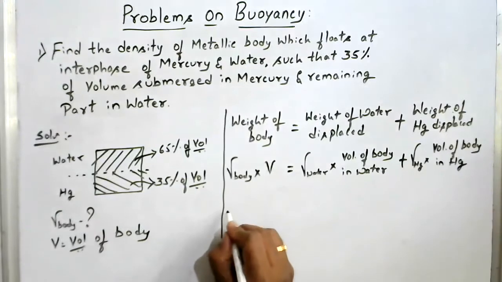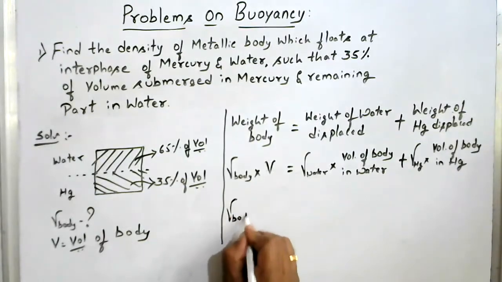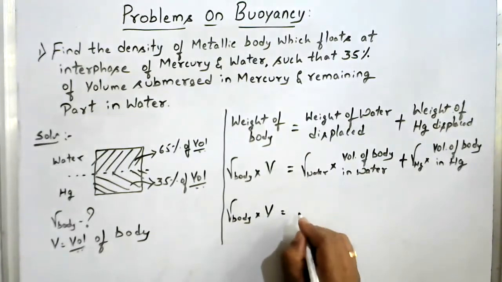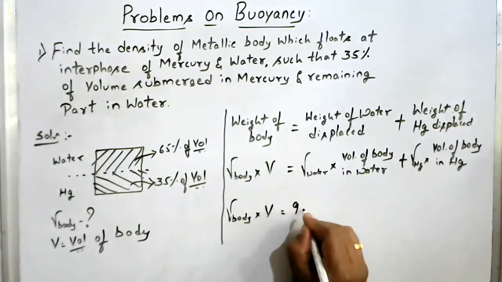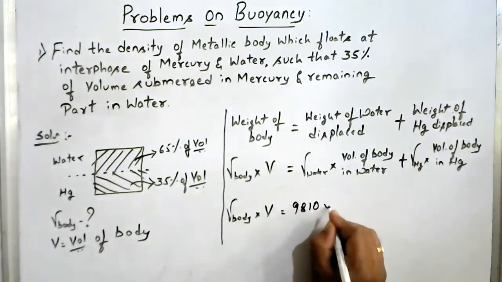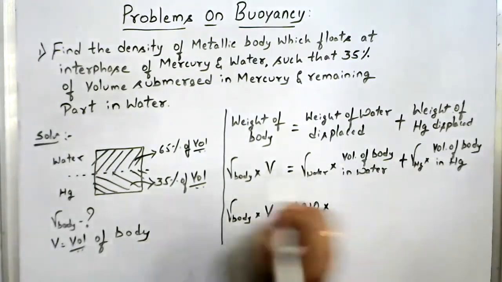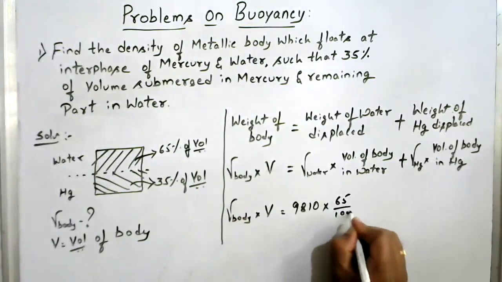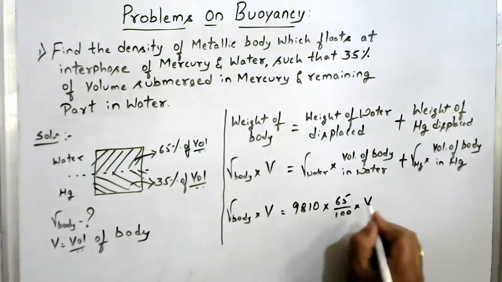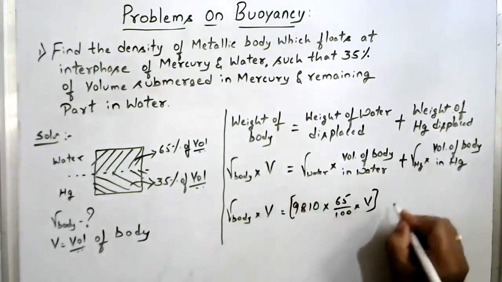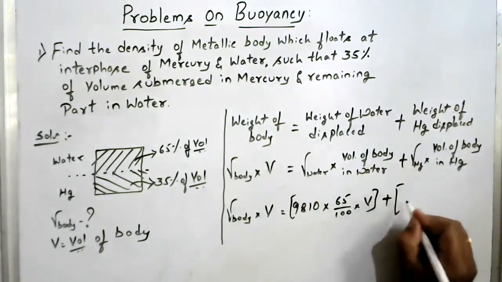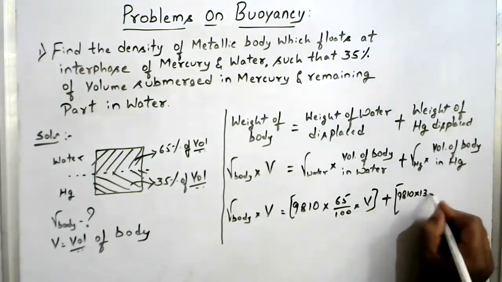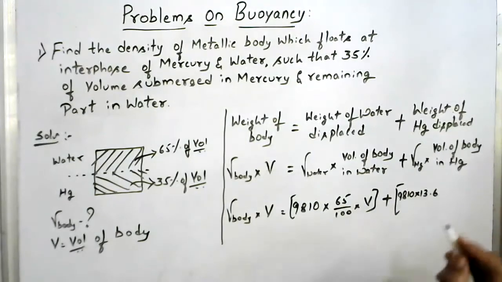So density of body, unknown, into V is equal to density of water, which is 9810, multiplied by volume of body in water, 65 divided by 100 into V, that is 65% of the volume, plus density of mercury, that is 9810 into 13.6. 13.6 is the specific gravity of mercury.